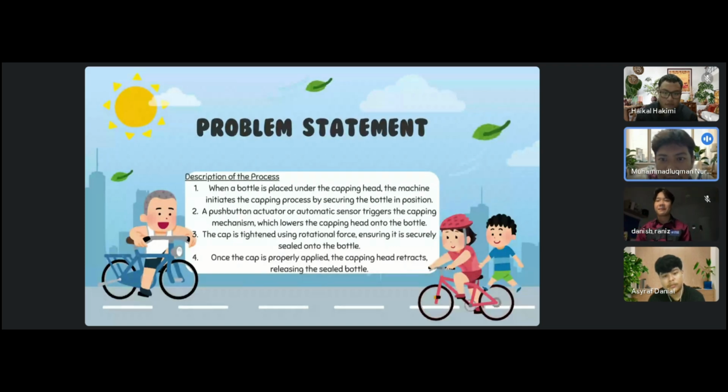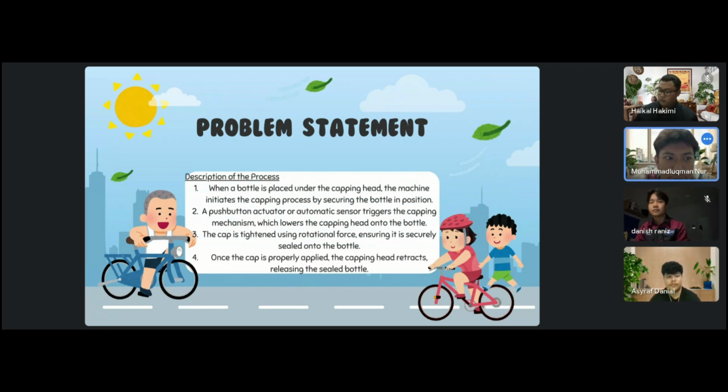So the problem statement is about the description of the process. The first step is, when a bottle is placed under the capping head, the machine initiates the capping process by securing the bottle in position. This involves using clamps, grips, or a positioning mechanism to hold the bottle steady.